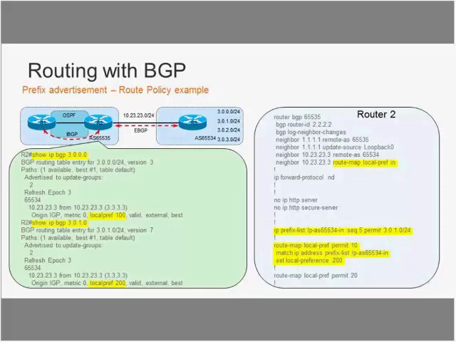How can we do that? On router 2, you configure neighbor 10.23.23.3, which is the eBGP peer IP, route map, name of the route map, and in direction. Local preference is always configured in inbound direction to influence the outbound traffic.